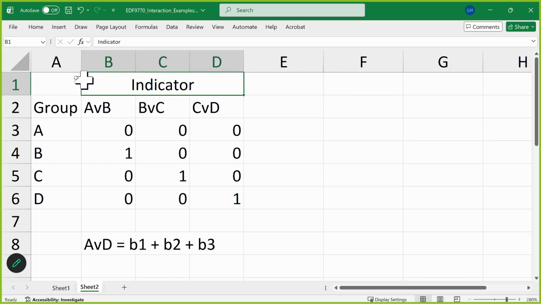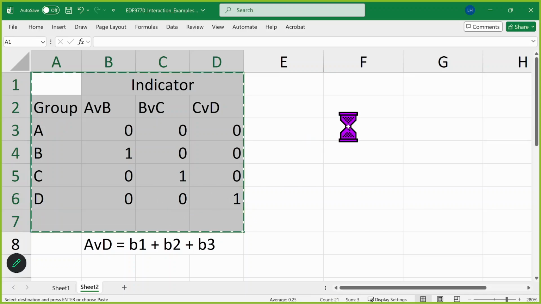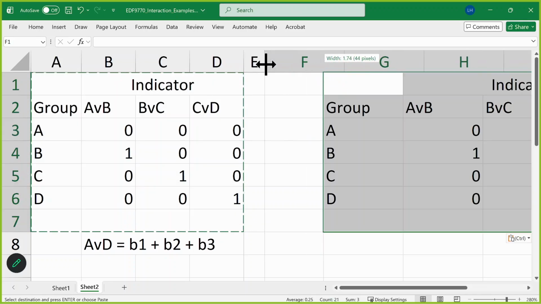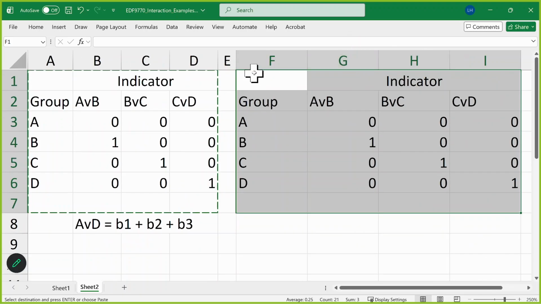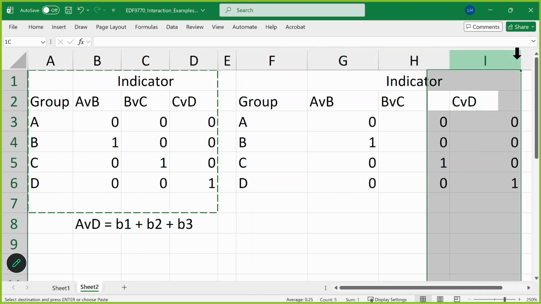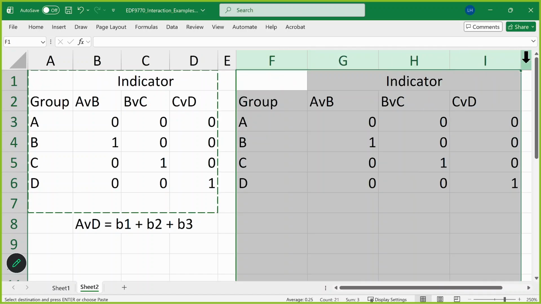Right now I've got like a hodgepodge of both here.